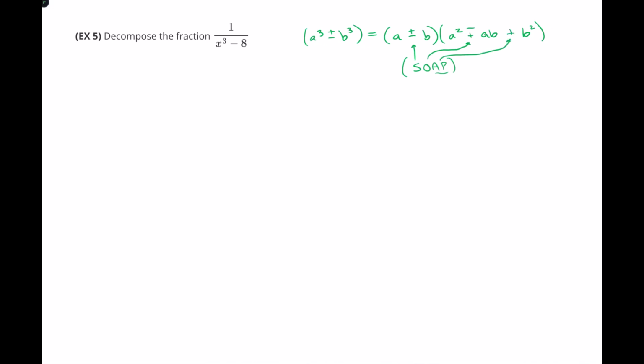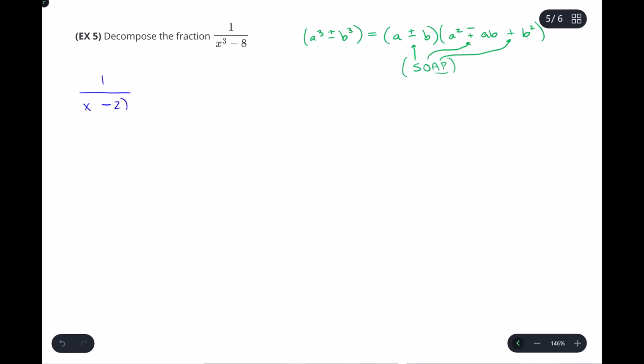So that's a way of remembering this, and that's a good thing to have because you may run into these situations, as these are considered fairly straightforward cubics to factor. So that means 1 over x cubed minus 8 is going to look like, let's see, it would be x minus 2.